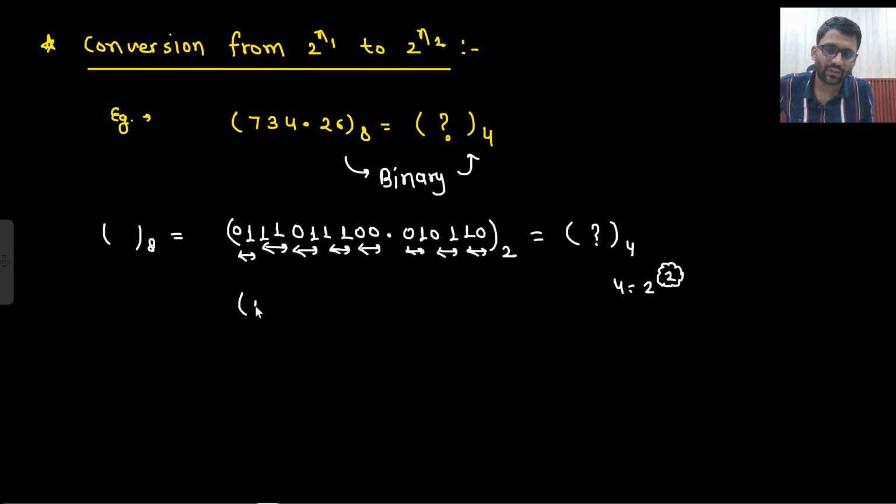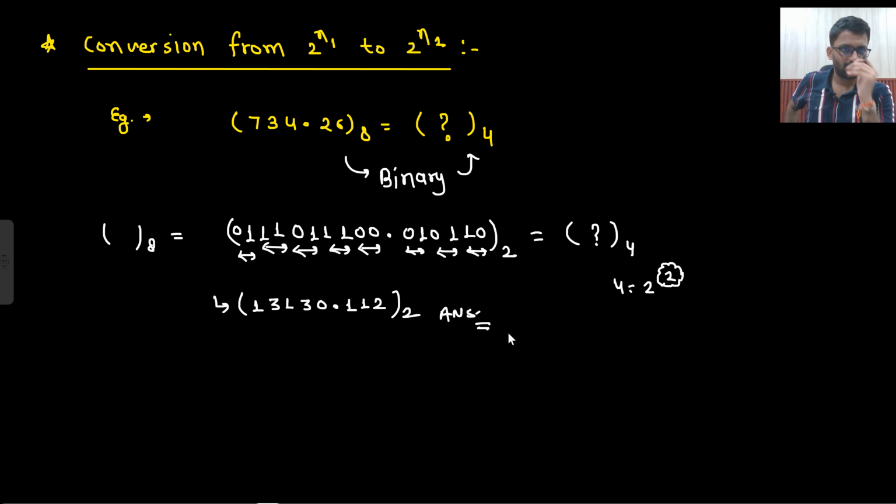So the groups give 1, 3, 1, 0, 2, 1, 2. That's it, this is the answer. Sorry, this is base 4. So you have come from here to here, very easily, without converting it to base 10.